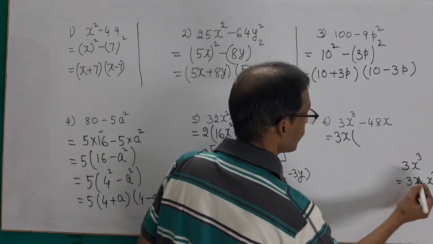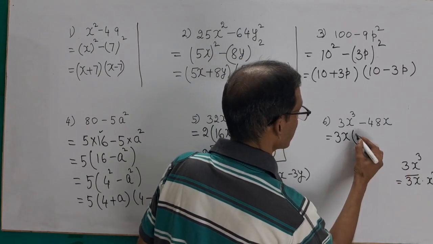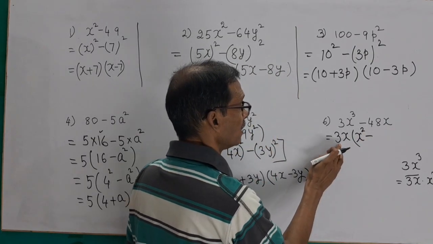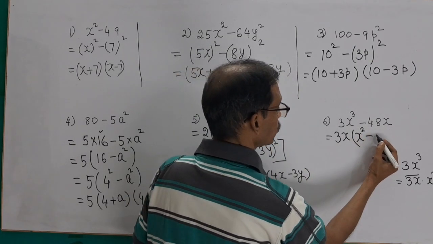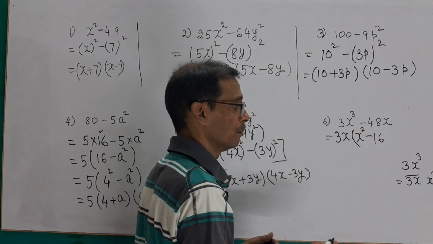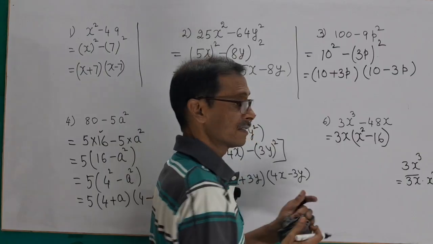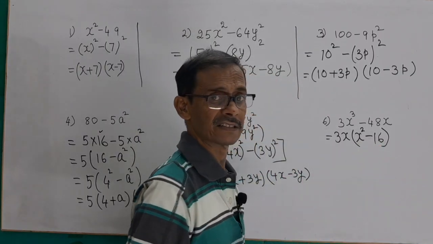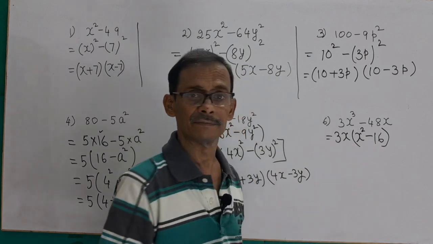So 3x you have taken common, so remaining is x square. Then 3 sixteens are 48, so it is 16, and x you have already taken common, so the expression in this bracket is x square minus 16.